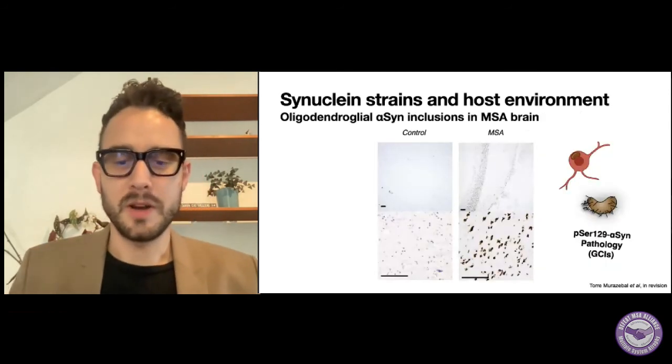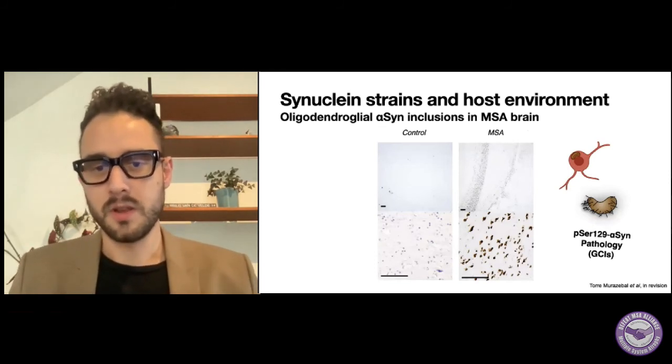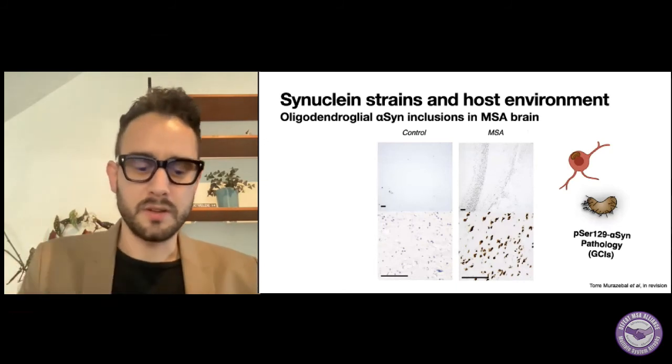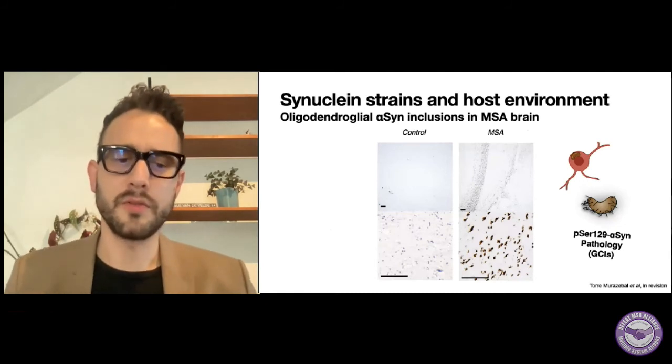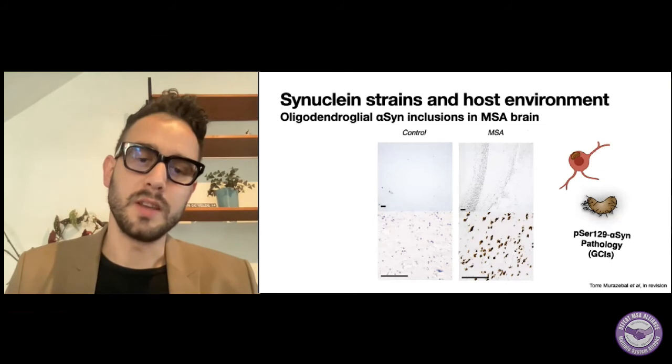So then next in this model, we wanted to investigate the type of inclusions that were being formed. We have this interesting environment and we have these strains, and now we were wondering what these strains are doing within these oligodendrocytes. To further analyze and characterize this, we started looking in human brain.